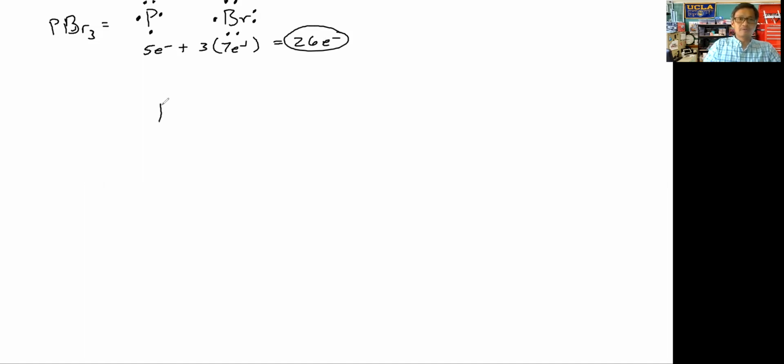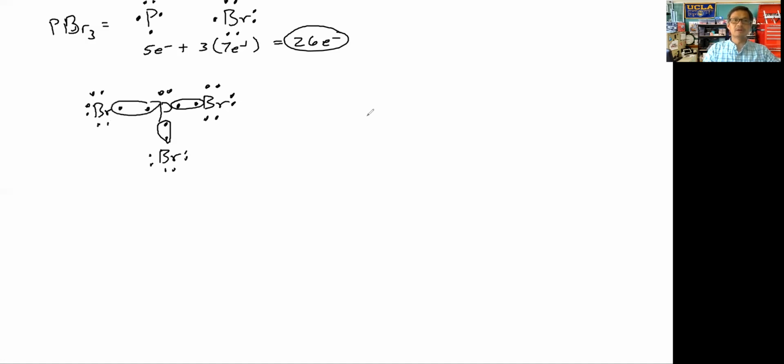Now, as you do more of this, you're going to start recognizing which atom is going to be the center atom. But hopefully you see that phosphorus is going to be the center atom, and if we align each bromine around the phosphorus, you're going to form a single bond between each bromine and the phosphorus.